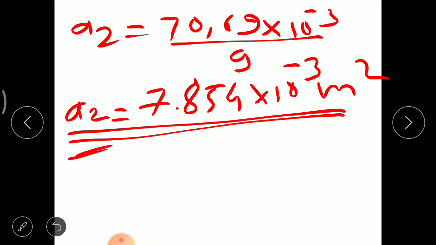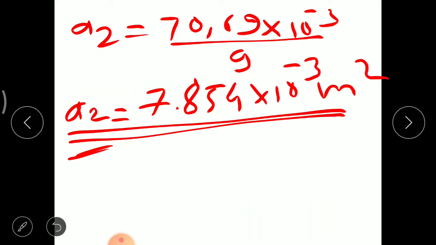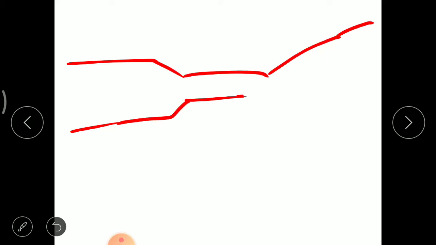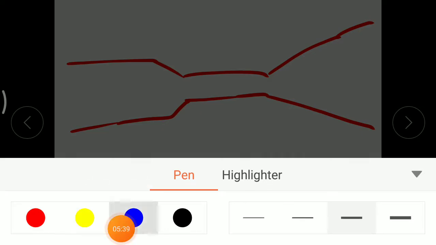Now the pressure head. Here we have some difference in pressure. They have written that the recorded pressure head at the larger section is 6.5 meter and at the throat section is 4.25 meter. If we draw a venturi meter here and the U-tube manometer also, we can identify the value at the larger section and the lower section, or throat section.